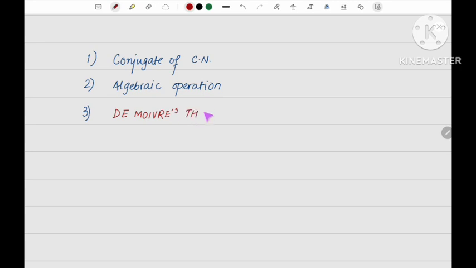This is going to be the most important concept in complex numbers, and if you understand the application of De Moivre's theorem in a very proper way, then the journey of complex numbers and understanding of it is going to be very, very easy.